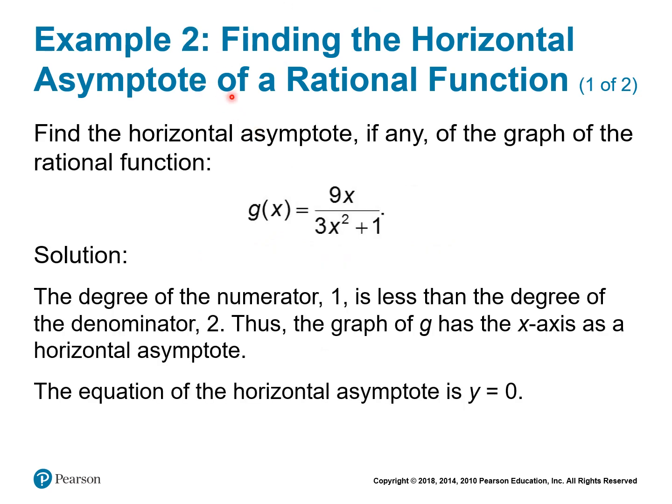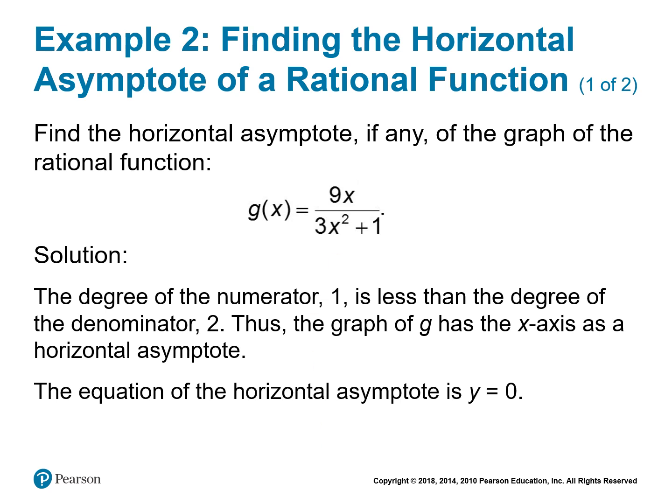A second example of finding the horizontal asymptote using a different rule. The function given to us is g of x equals 9x divided by 3x squared plus 1. Again, same process. Start by looking at the leading exponent of the numerator and the denominator, and we will compare them, and we will find out where the horizontal asymptote is going to be.